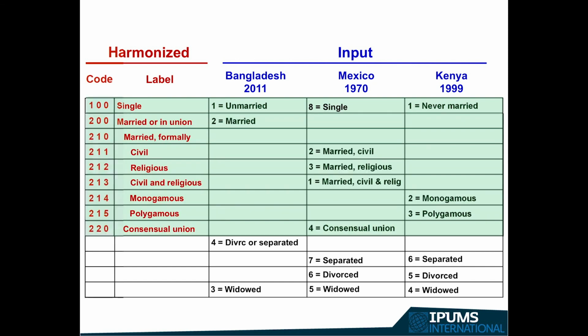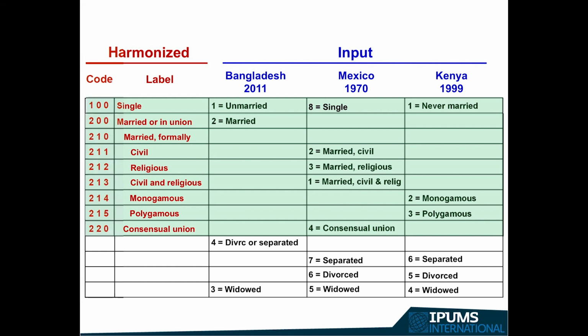But when we get to marriage, it's a little bit more complicated. Each census has a different level of detail that they collect, and each country has different aspects of marriage that they care about. So to preserve the original detail collected in these censuses, we use a composite coding system where the first digit provides information that's available across all samples.